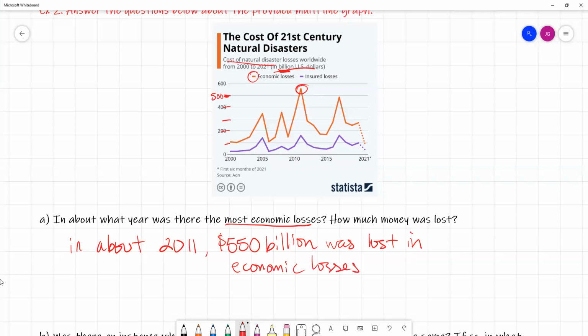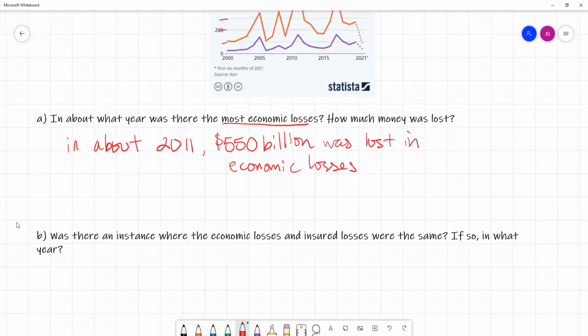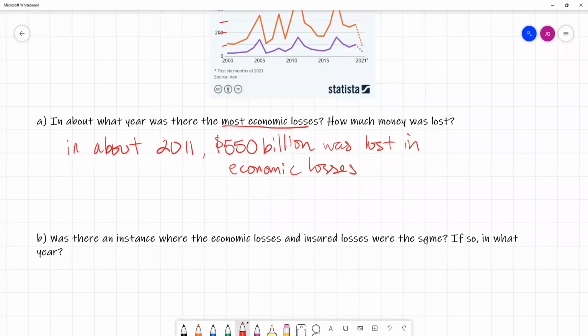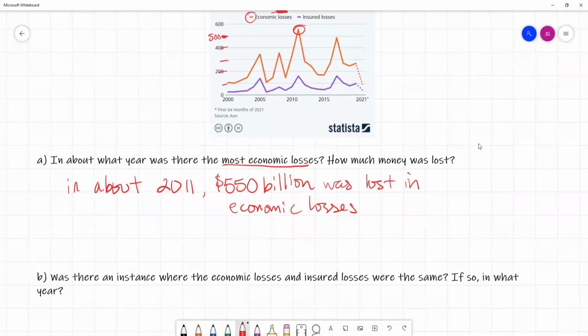Okay. Next question, was there an instance where the economic losses and insured losses were the same? If so, in what year? So by same, we mean they had the same amount of loss. So pretty much what we're looking for in terms of the graph is, do they intersect? Maybe it looks like they're projecting it'll intersect in 2021, but it doesn't intersect at all on this graph.